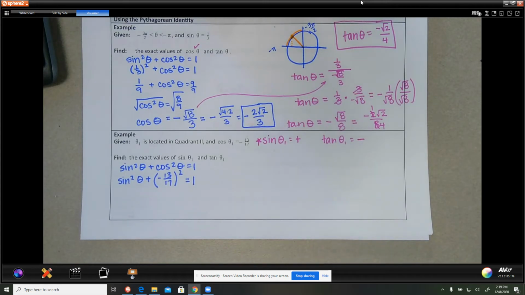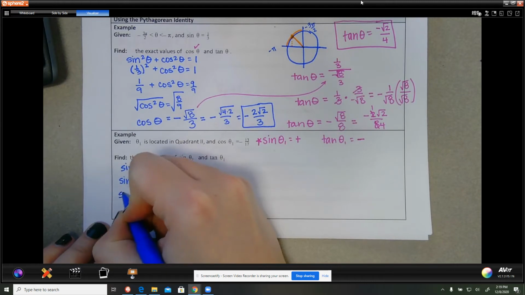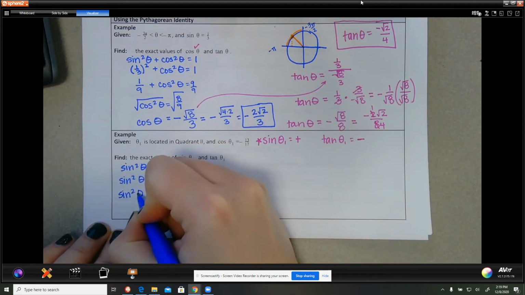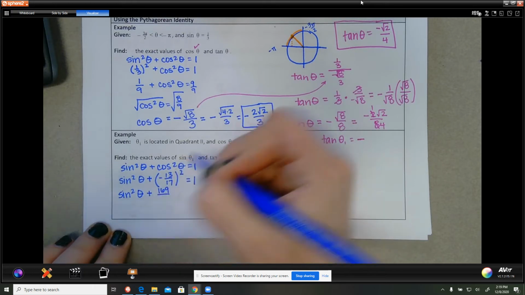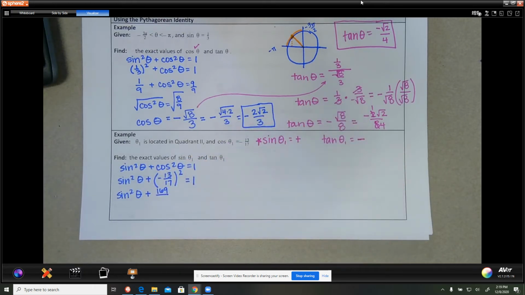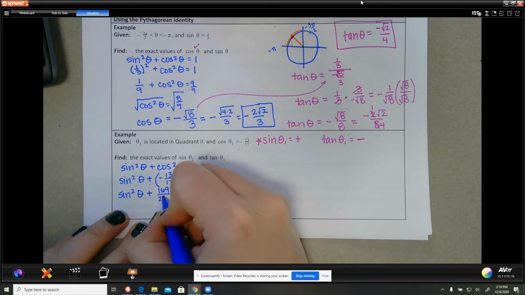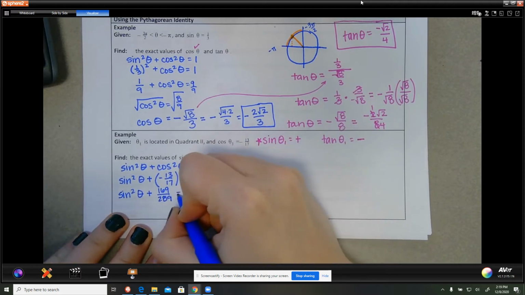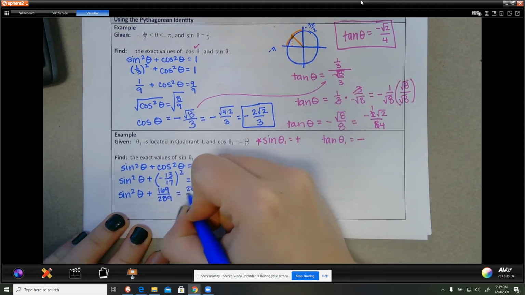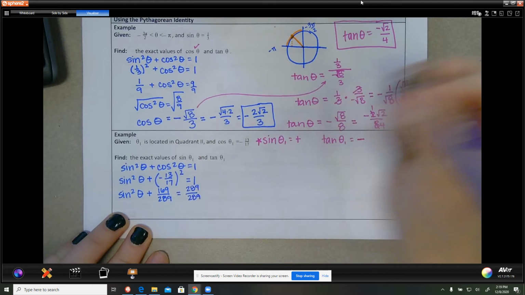Let's see, 13 times 13 is 169. So we've got sine squared theta plus 169 over 17 squared is 289. Okay, whoa. And I'm going to get a common denominator here, so I'm going to write 1 as 289 divided by 289, because that is just 1.